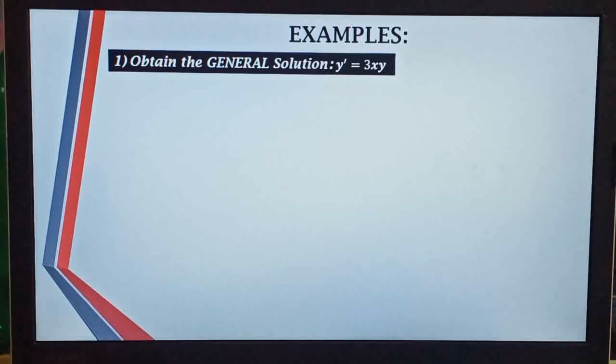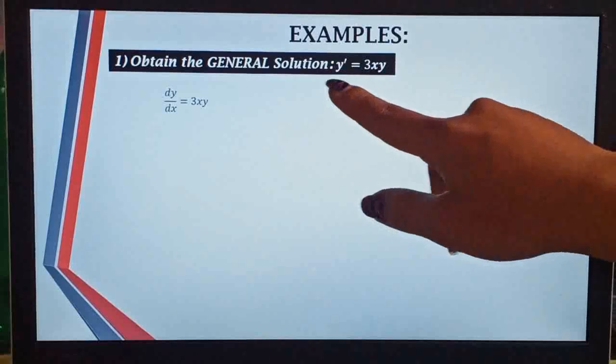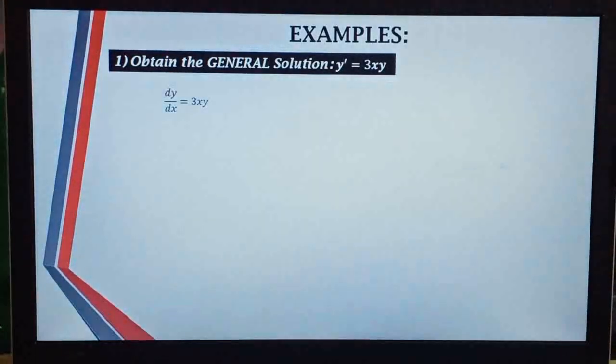Now, we have example number 1. We have to obtain the general solution of the equation y prime equals 3xy. So we are talking about the general solution, so the final answer must contain an arbitrary constant, which is c. In that case, y prime equals 3xy can be expressed as dy over dx equals 3xy, since y prime is equivalent to dy over dx.